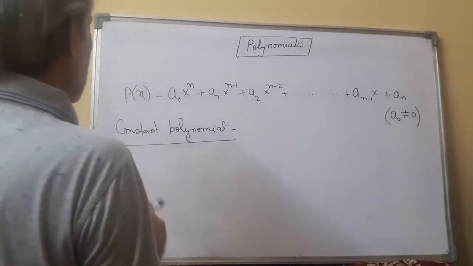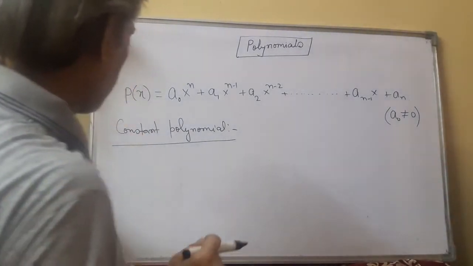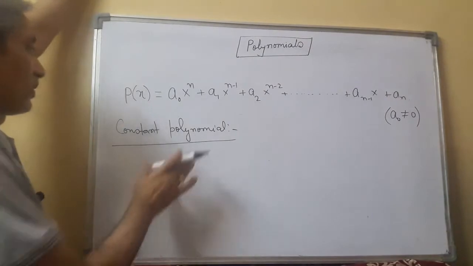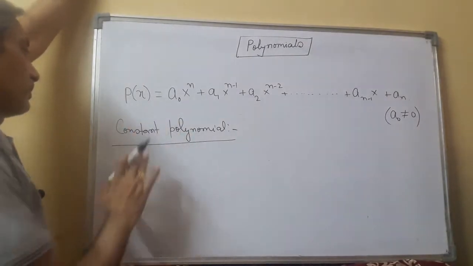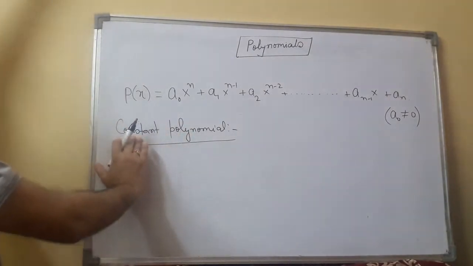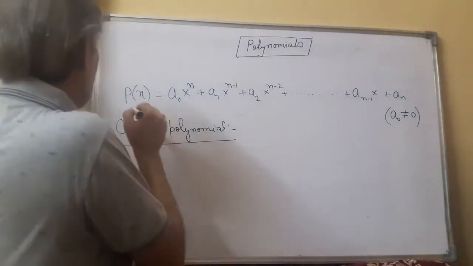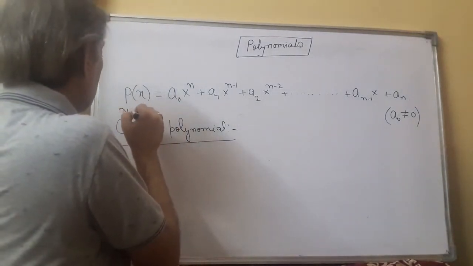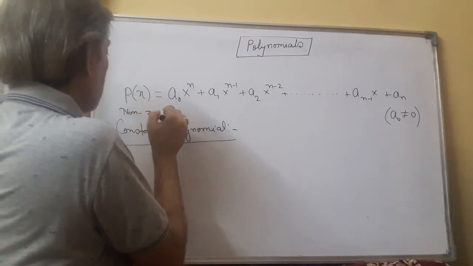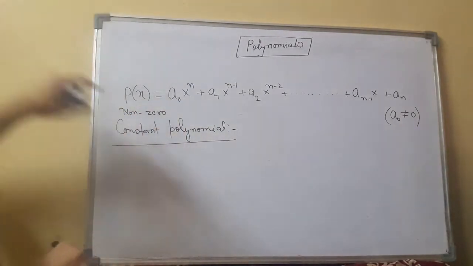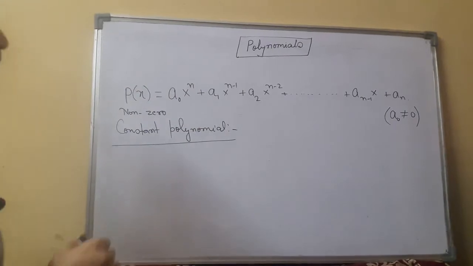It is better to say non-zero constant. Instead of saying constant polynomial, it is better to say non-zero constant polynomial. So, non-zero constant.